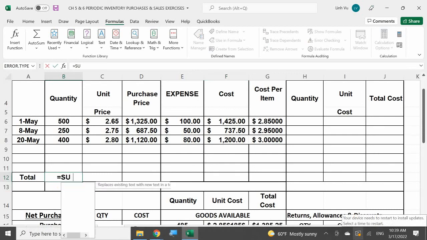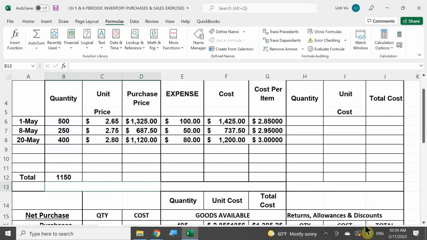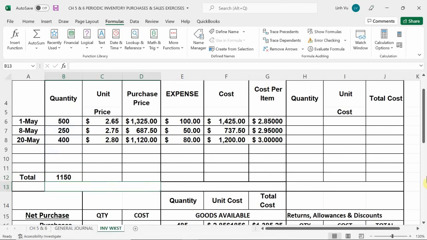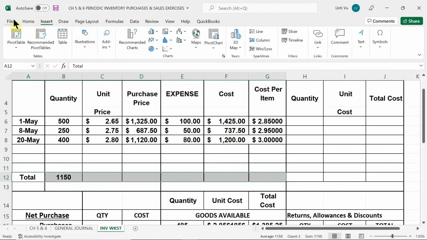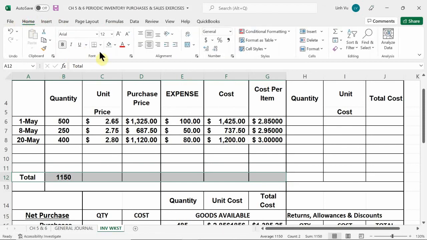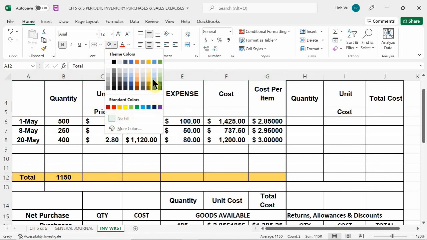So let's tally up our totals, figuring out what my total amount of purchases is. Okay, so let's see, 500 plus 250 plus 400 gives you 1,150. I'm going to highlight this for you guys so you know these are all calculations. Let's make this blue.